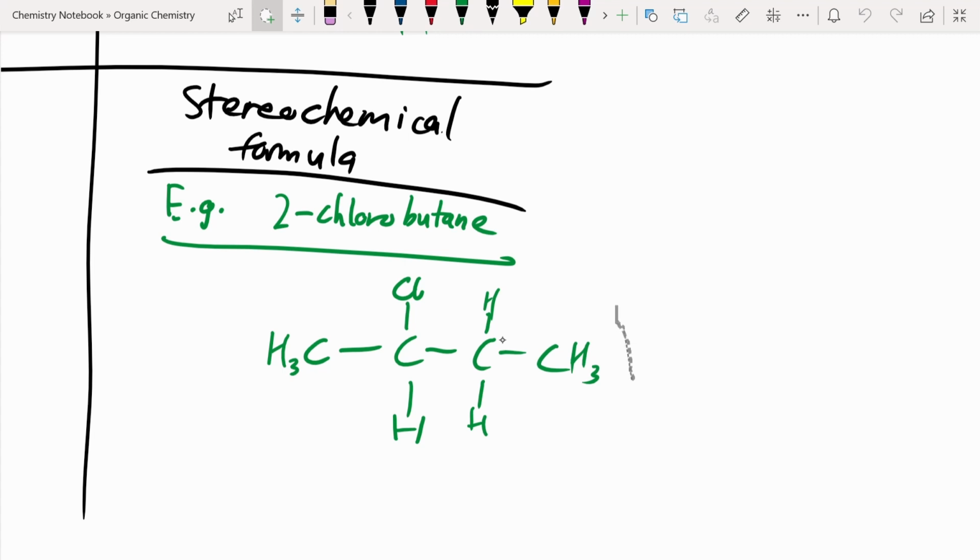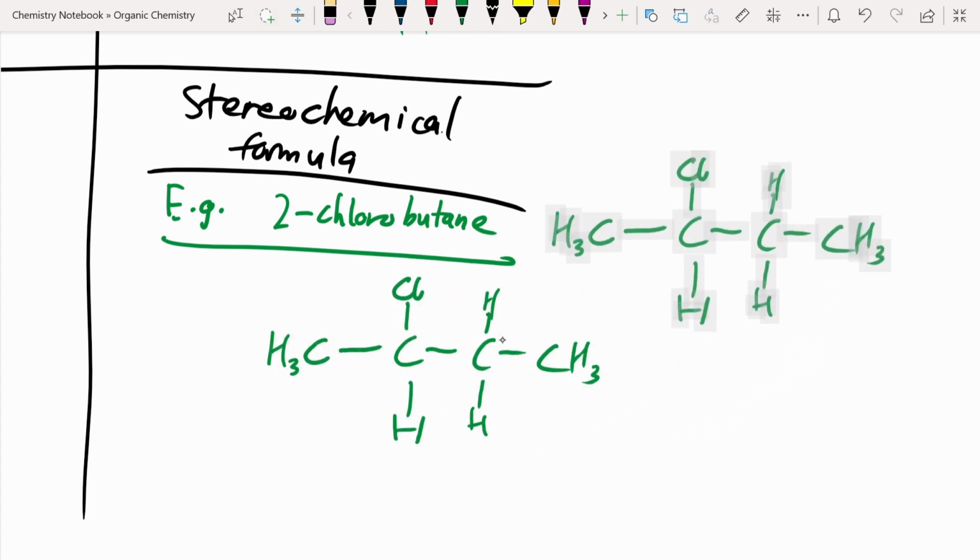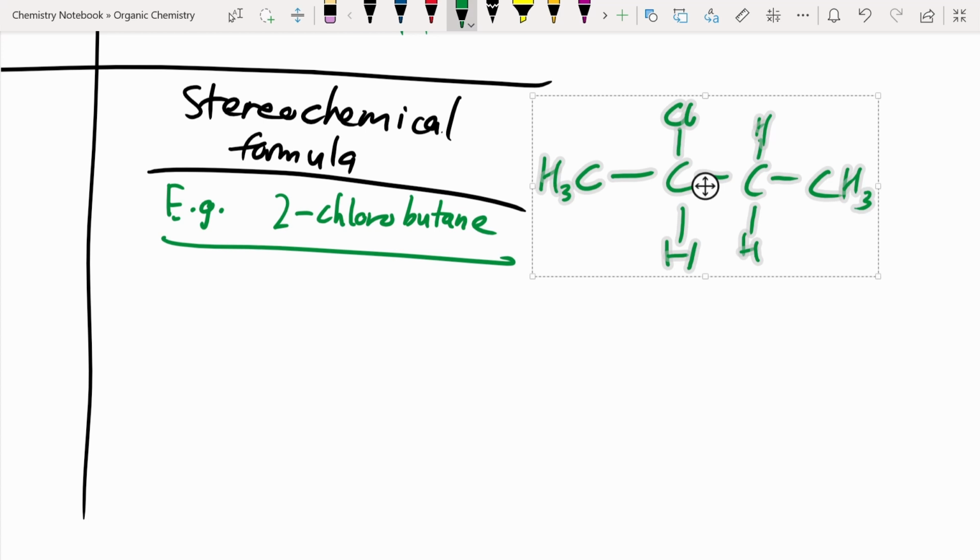So to show you how the stereochemical formula works, this is chiral. Chiral because it has 4 different groups: a methyl group, the chlorine, the hydrogen atom, and the ethyl group.